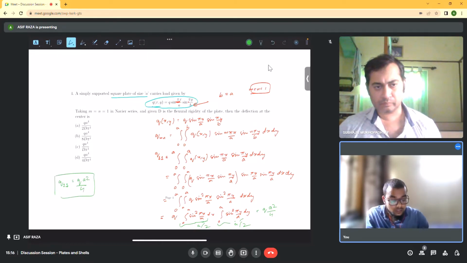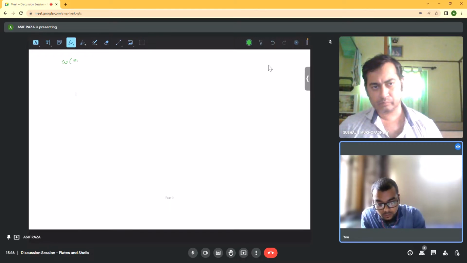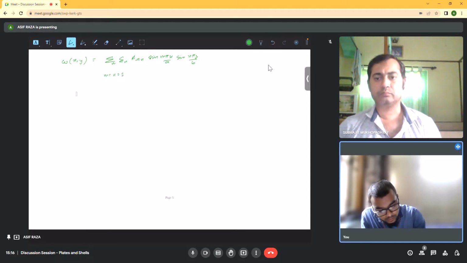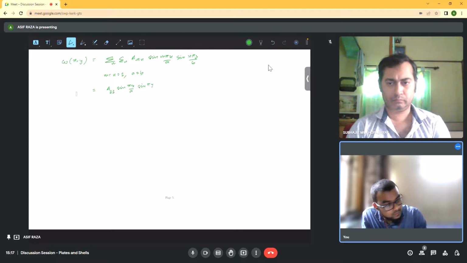Okay. So what we need to find is the deflection at the center. Now let's go to find the center deflection. So w(x,y), we have a series A_mn sin(m pi x by a) sin(n pi y by b). We have m equal to n equal to 1 and a equal to b. So this is equal to A11 sin(pi x by a) sin(pi y by b).